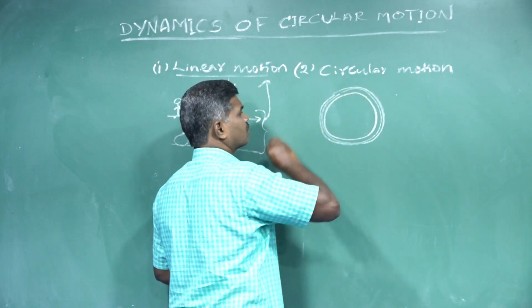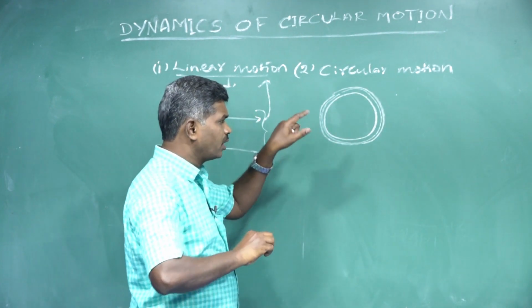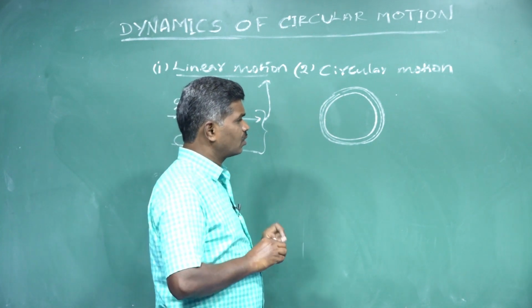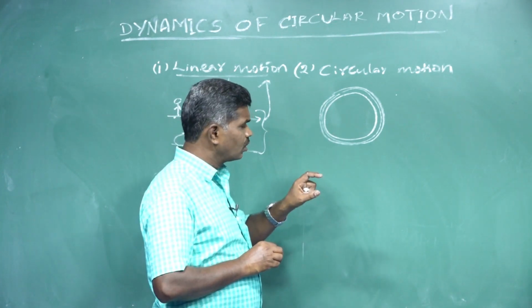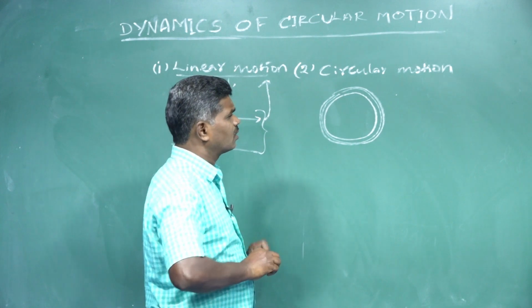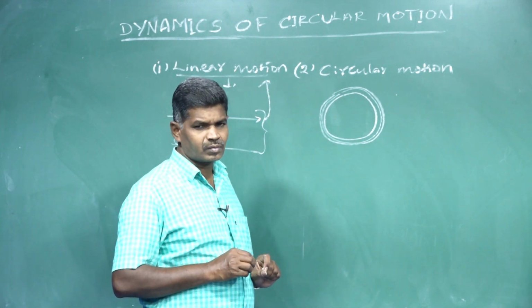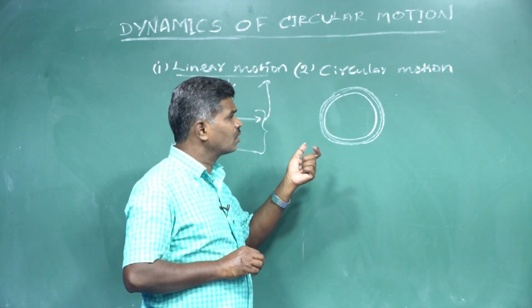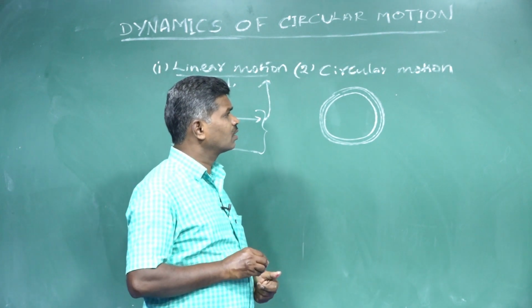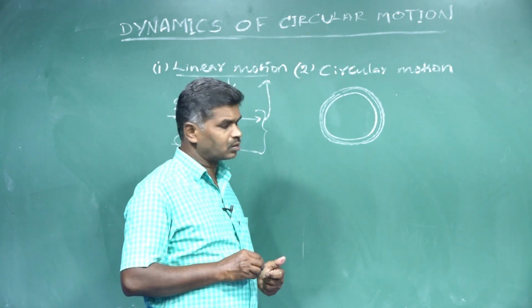If any object wants to move continuously in a circular path, then that particle makes a circular motion.